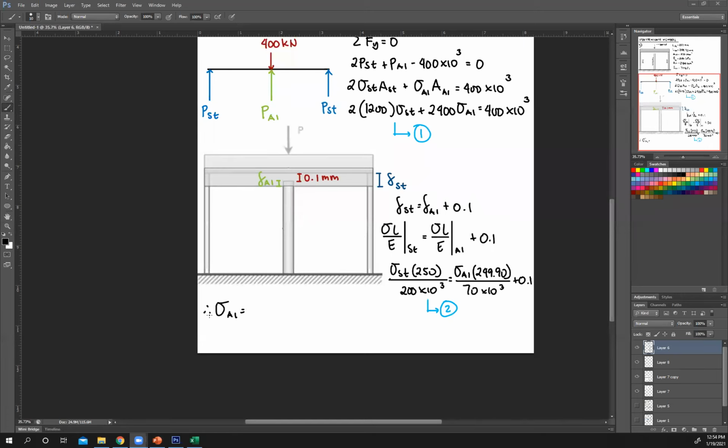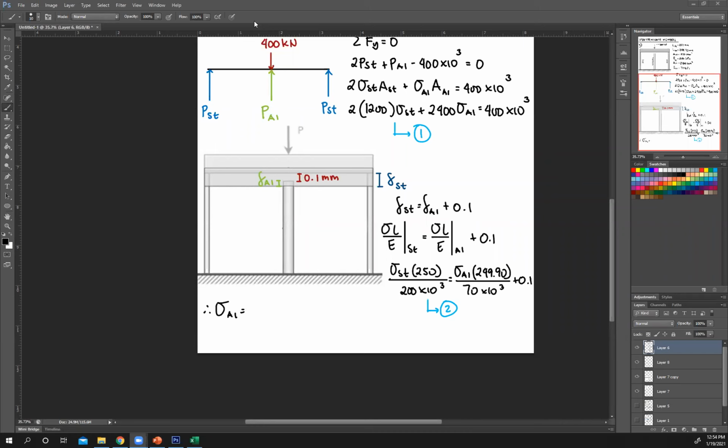But we're only looking for aluminum. So using that, you can solve for aluminum. Correct again, John.